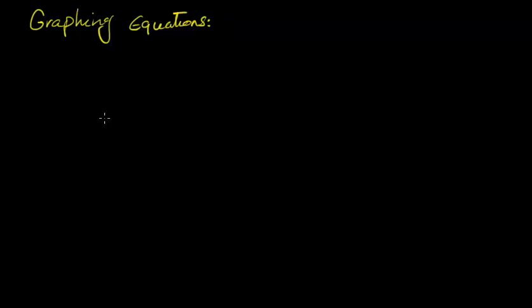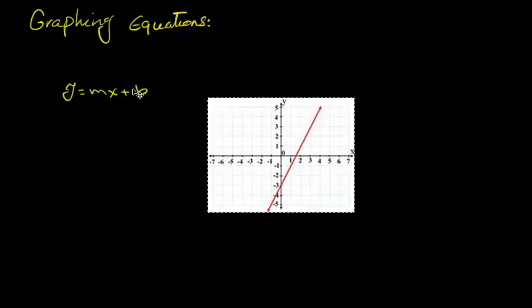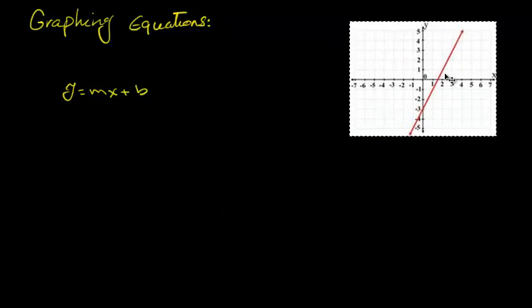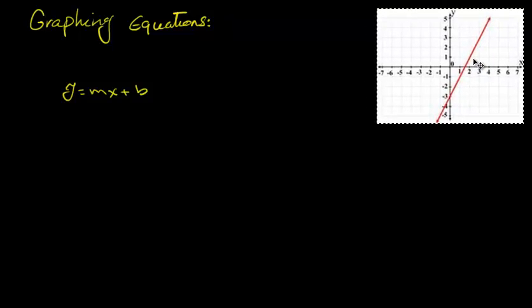We know that y equals mx plus b is slope-intercept form, and all the linear equations are written in this form. If you come across a graph like this, the first thing you would ask is what is the slope and what is the intercept. By looking at the graph, you can find the slope easily.